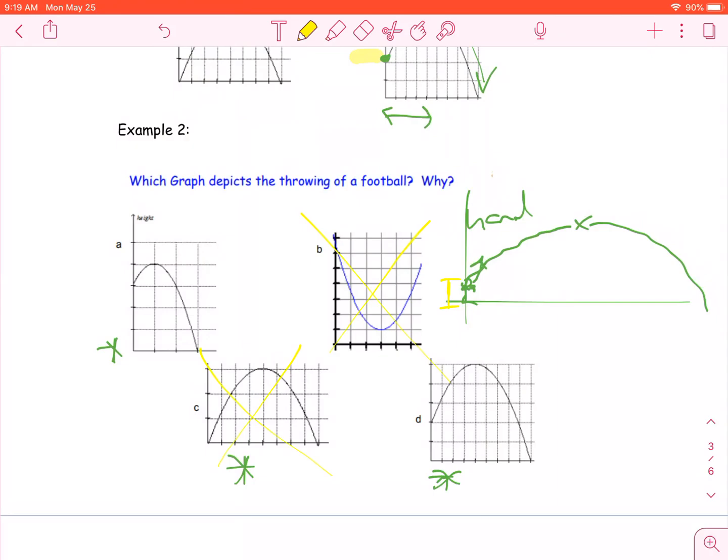But I think in this case, I would actually go with D, for distance. A is a little too short of a flight. If you're throwing a football, you definitely can have quite some distance. Now most real-life parabola questions have this U-shaped graph that opens downwards.